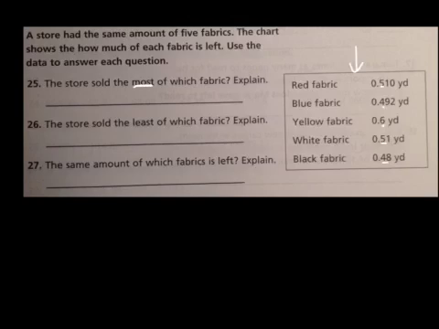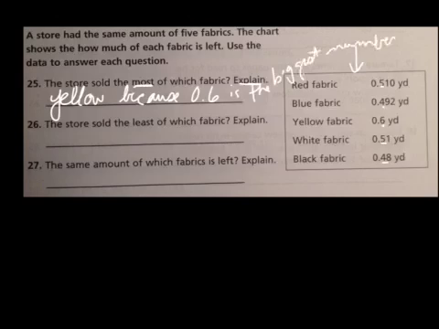Those are all in the same place value, so whichever number is the biggest is the one that is the most. You know that of 4, 5, and 6, 6 is the biggest, so they sold the most of yellow because, here's your explanation, 6/10 is the biggest number. And I ran out of room. I shouldn't have written in cursive, I guess.